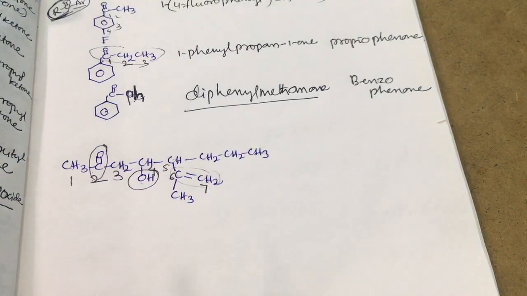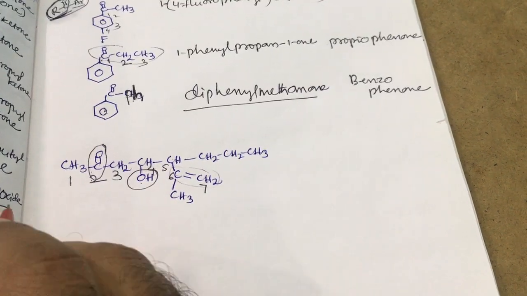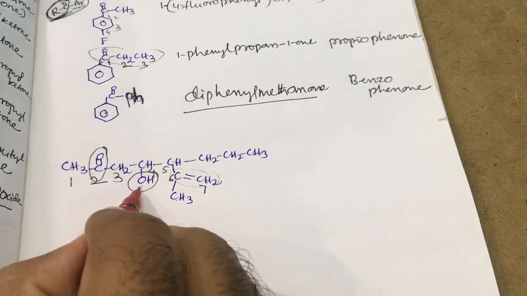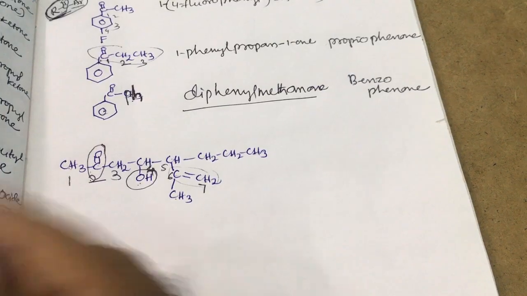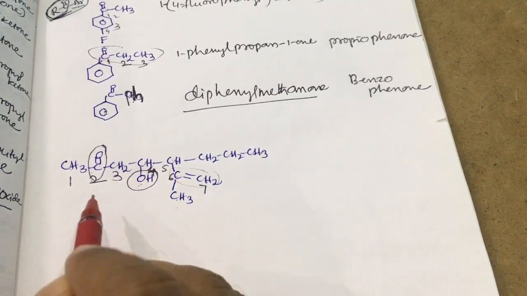This is a very important question for competitive exam purposes. So what is the IUPAC name now? Here a methyl substituent is there, and a hydroxy substituent is at the 4th position. Then follow the alphabetical order: hydroxy means H, methyl means M, so H will come first.